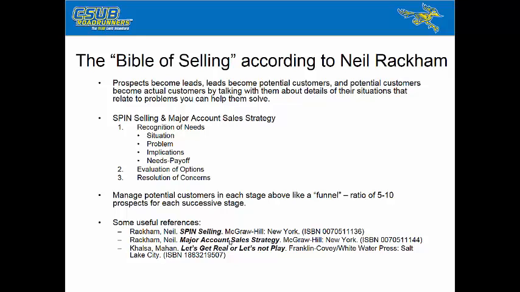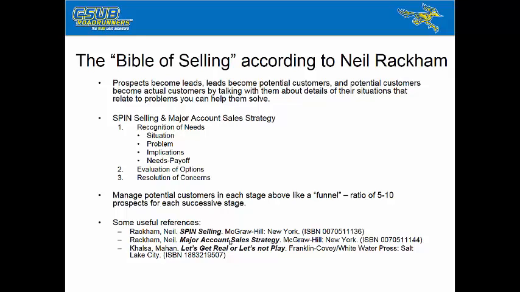You ask them situation questions about the situation they're facing, problem questions about what are the problems with the current situation, implications questions, or what are the implications of the problems that you've identified, and then need-payoff questions. What is the potential payoff of solving these problems, and what's it worth to buy a solution that's going to help with them?